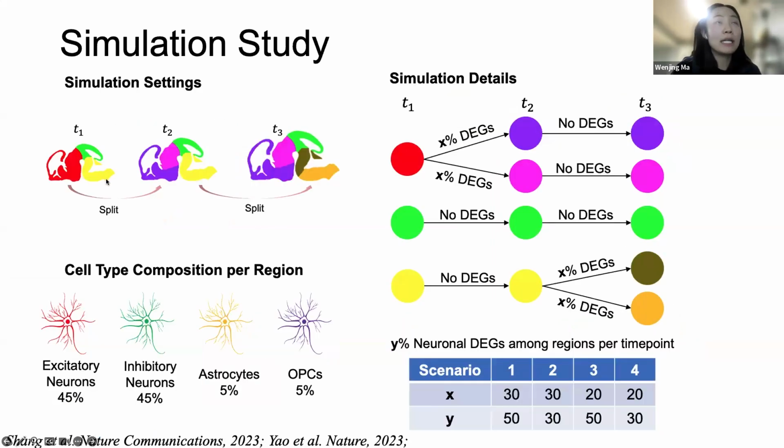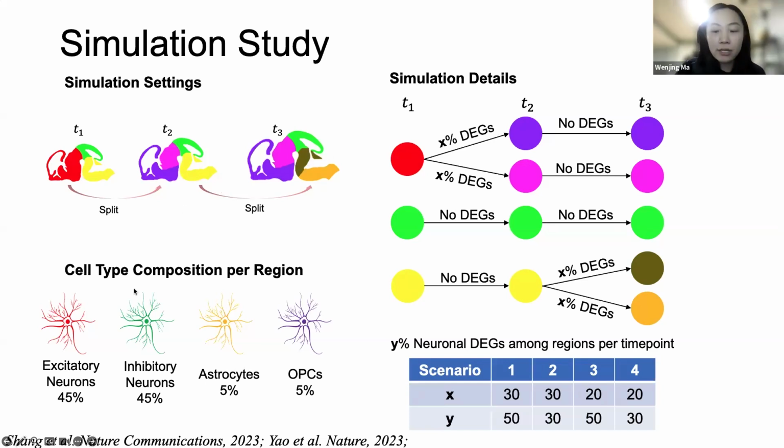For the simulation settings, we consider the forebrain, midbrain, and hindbrain at the first time point, and later on the forebrain splits into two, telencephalon and diencephalon, and then the hindbrain splits into two as well.